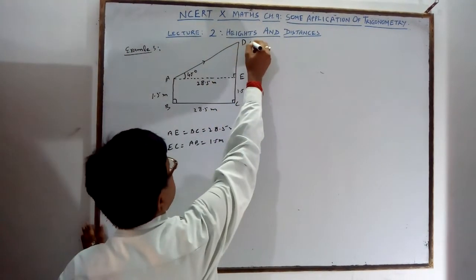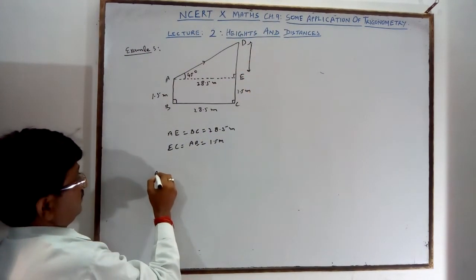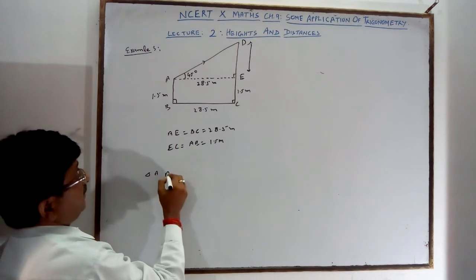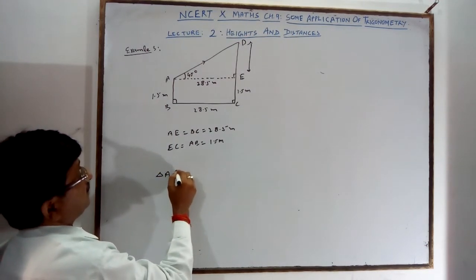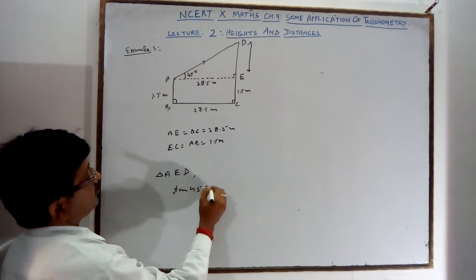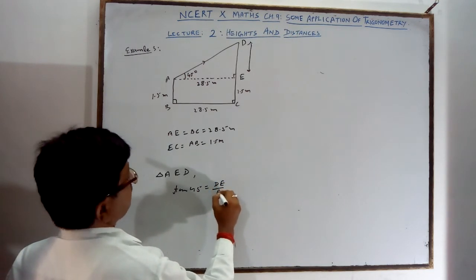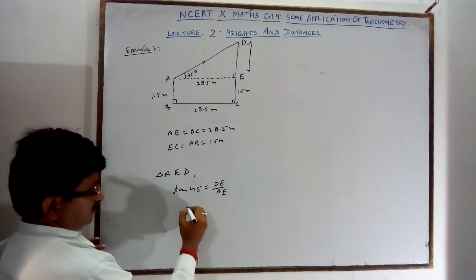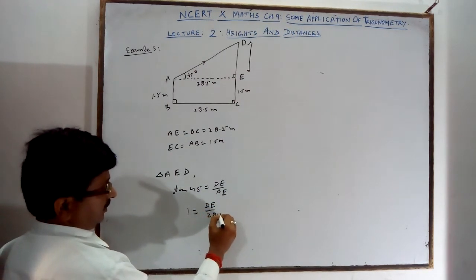So you first find out this part, and then in triangle AED, what are you getting? Tan 45 is equal to DE upon AE. So what is the tan 45? It is 1. DE upon AE, AE is 28.5.